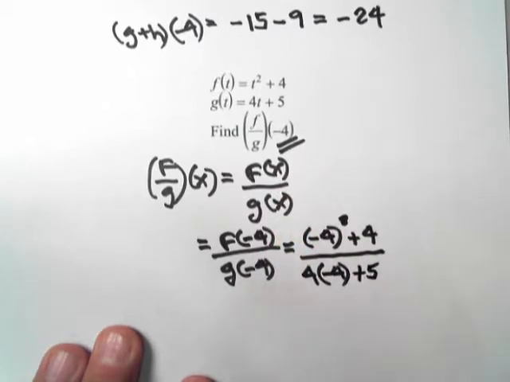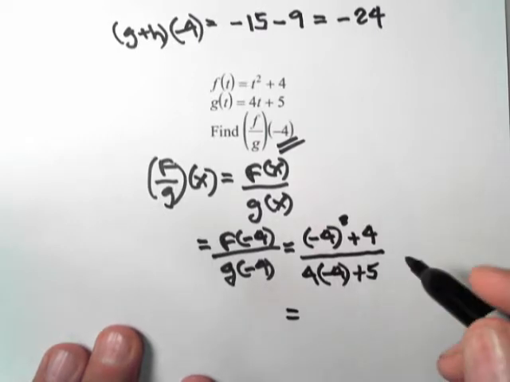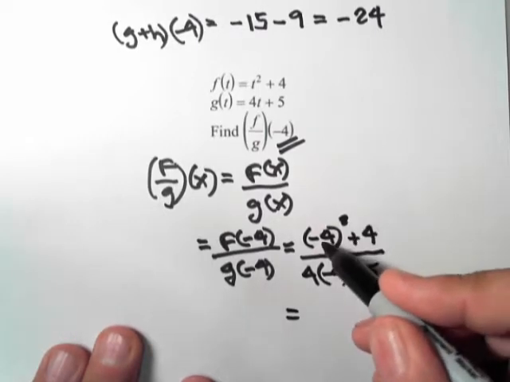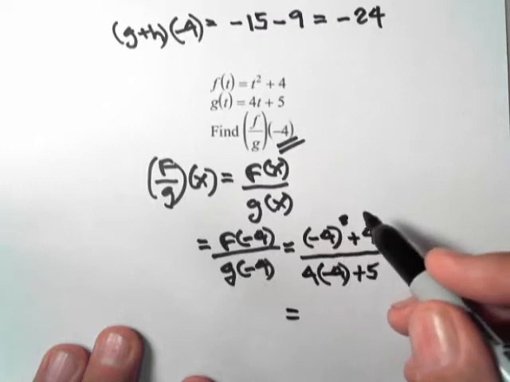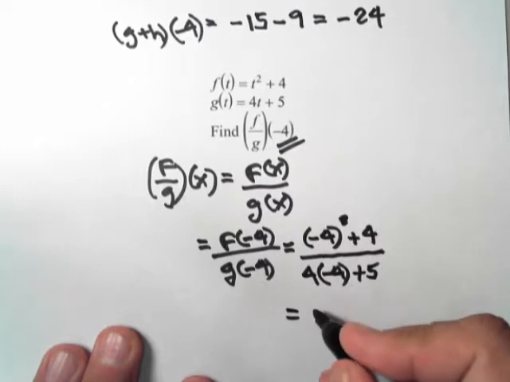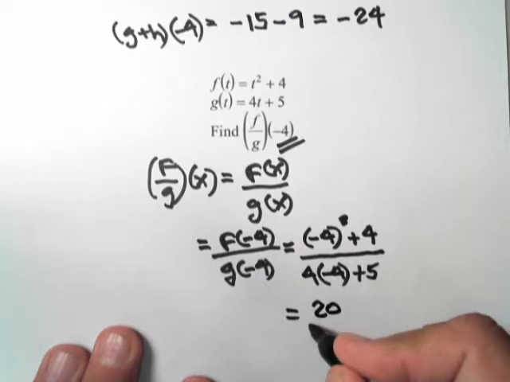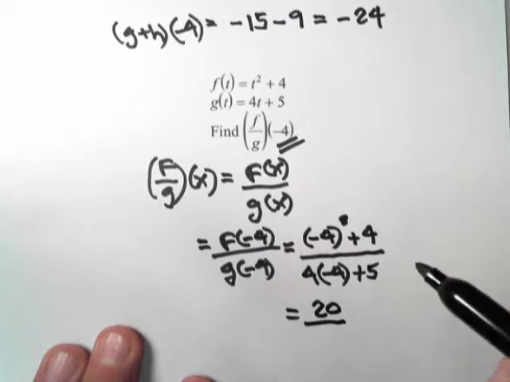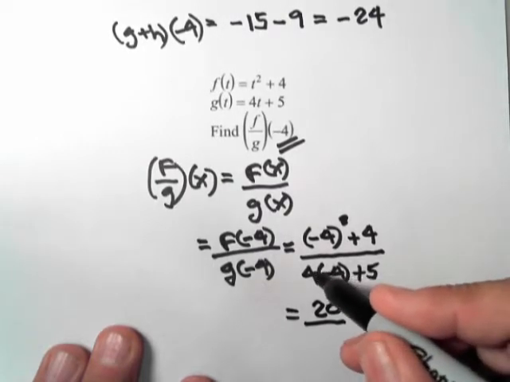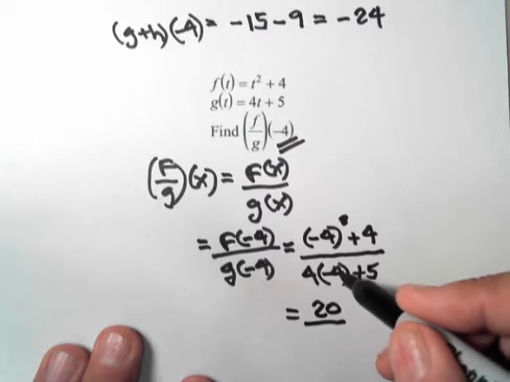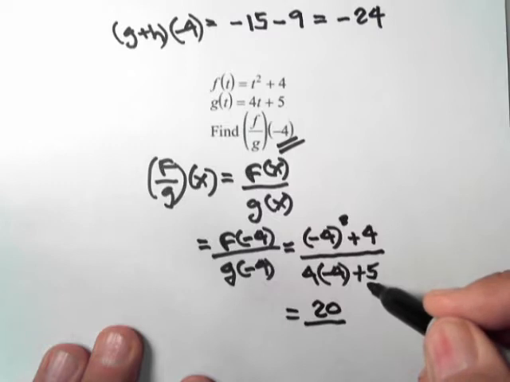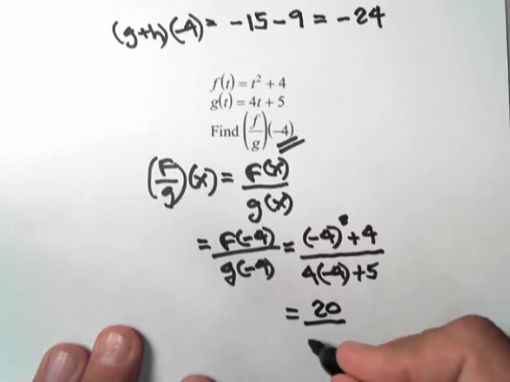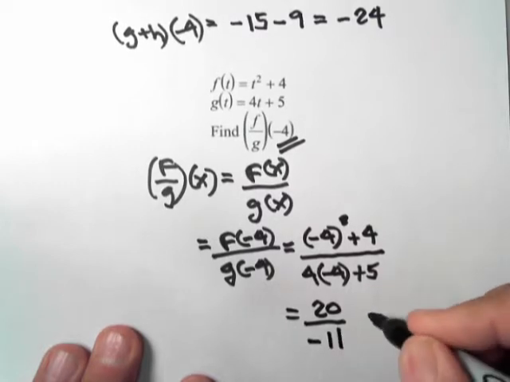So there that is. So what do we got as we go down here to the final round on this? Negative 4 squared, negative 4 times negative 4 is positive 16. Plus 4 is 20, so that's the upstairs. The downstairs here, 4 times negative 4 is negative 16, plus 5. Looks like it's negative 11.